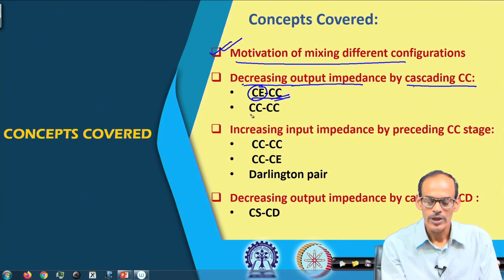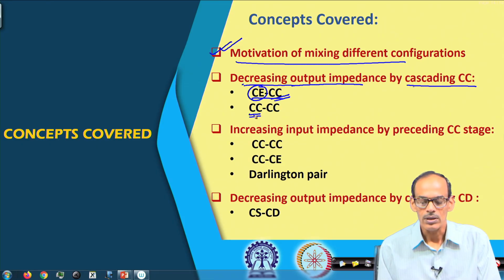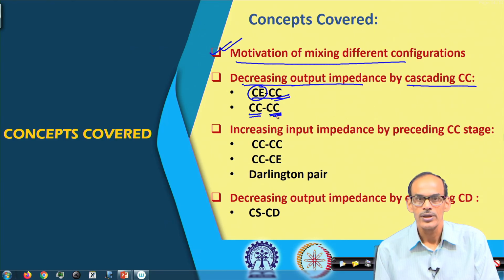Likewise, if we already have a common collector amplifier and want to further decrease its output impedance, you can cascade another common collector stage, so that the overall output impedance will be even lower.